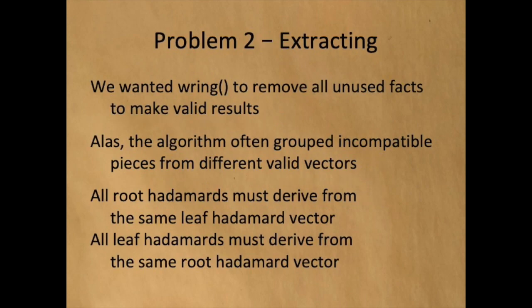The second problem was extracting valid Hadamard vectors from the merged butterflies. We had presumed that wringing out all invalid states in the dynamic programming would leave only valid Hadamard vectors as a result. However, the algorithm often combined pieces from different valid Hadamard vectors into an invalid result.